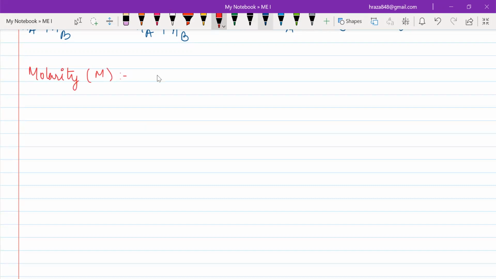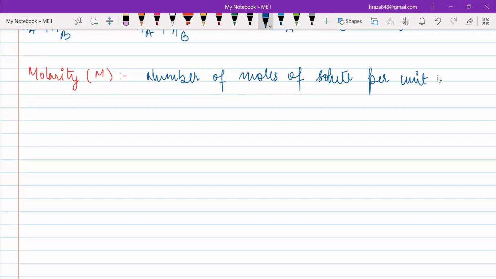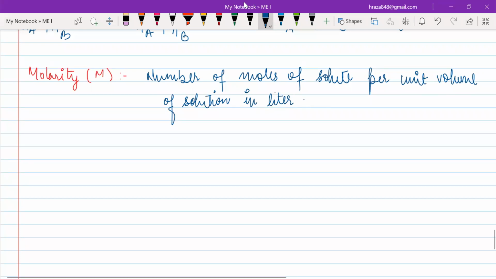It is basically number of moles of solute per unit volume of solution in liter.